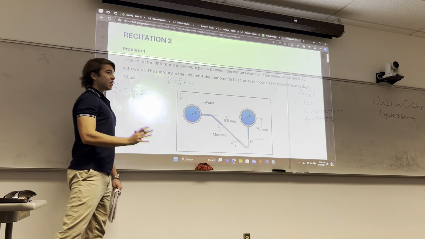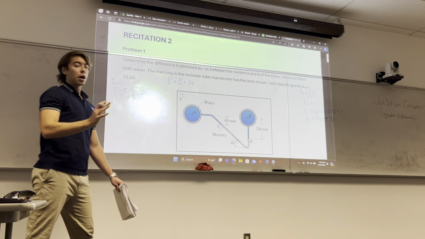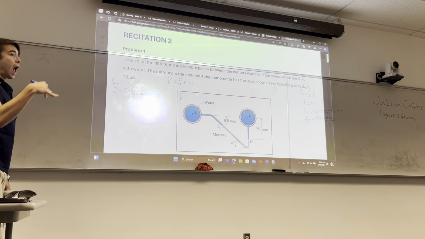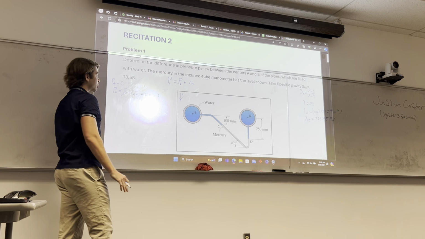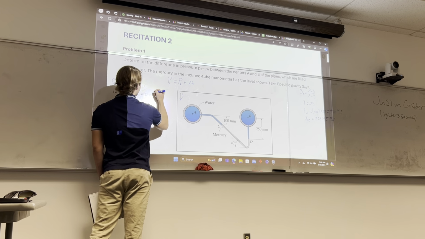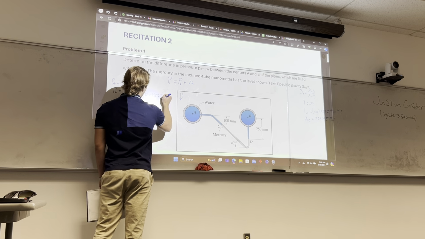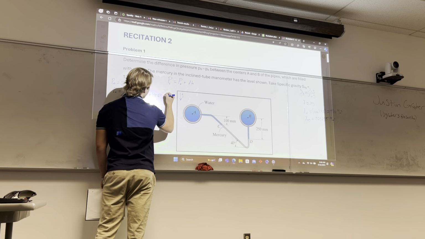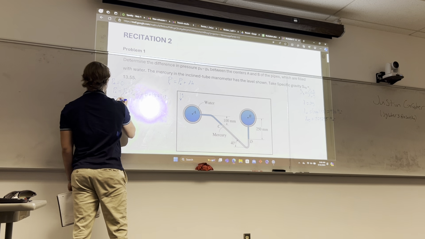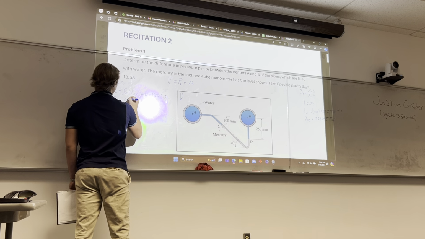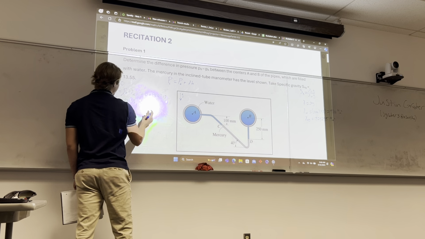You'll see some professors have different sign conventions, but I always like to remember if I'm going with the flow of gravity, I add the plus rho GH or plus gamma H. So 9810 times the height of the column, 0.1 meters. So we'll have PC equal to 981 pascals in this case.